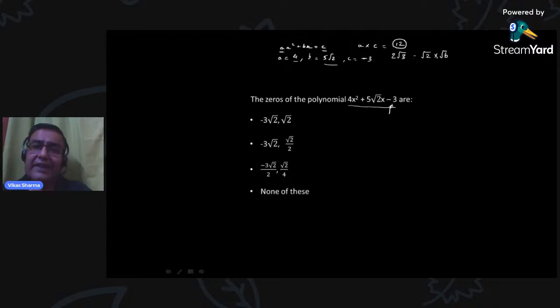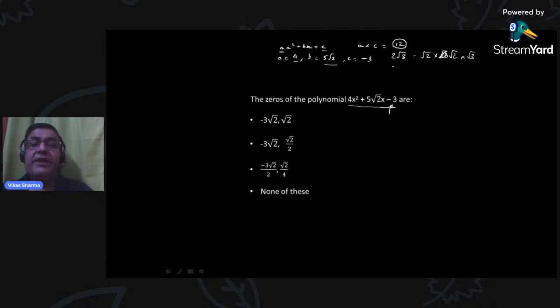So that is one product which will not work here, because we cannot add root 2 multiplied by root 6. Sorry, root 2 into root 2 is 2, and then we have got root 3. So again, we cannot do this because it is not going to give us a sum of 5 root 2.